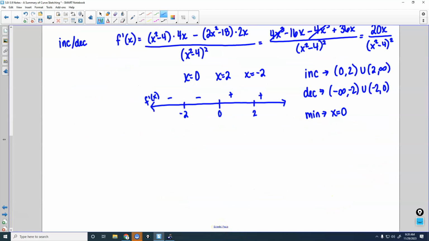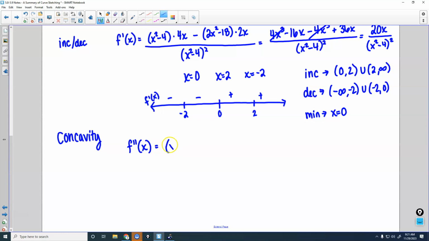Alright, and the last thing I'm going to do is concavity. For concavity, we need to take our second derivative. So we've got to use the quotient rule again. Let's just use the quotient rule.